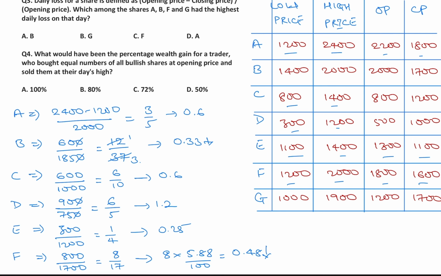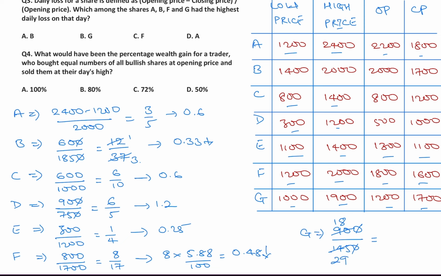Let's write G here only. So G will be 1900 minus 1000. It will be 900 upon the average of 1200 and 1700. That will be 1450. This will again be 90 by 145. 5 2s are 10, 5 9s are 45.